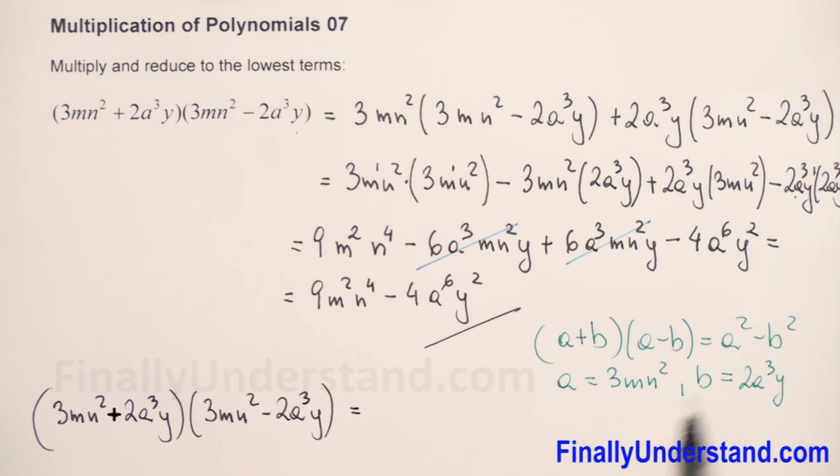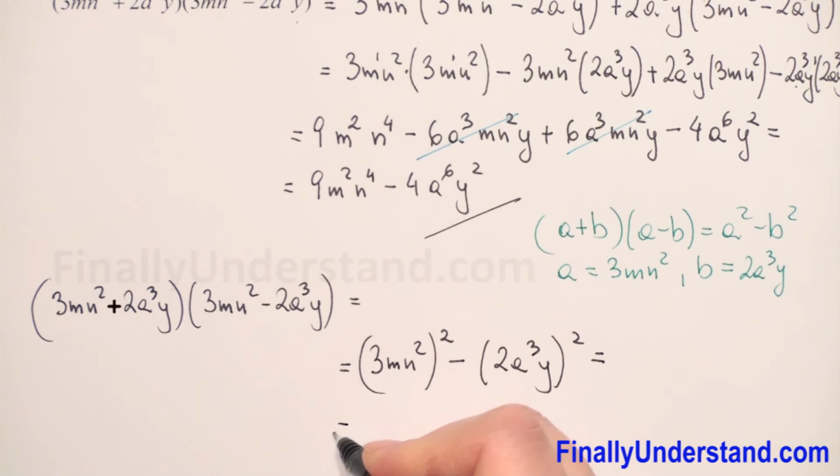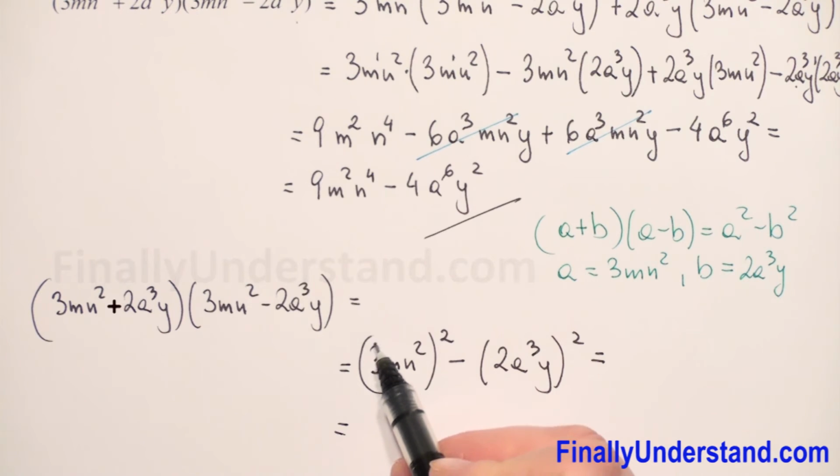So this is equal, we just will use this formula, so it will be the first term to the second power, so 3mn squared we have to take to the second power. Next we have to keep the negative sign, and we have 2a cubed y to the second power. So this is equal, we have to take to the second power every term in parentheses.